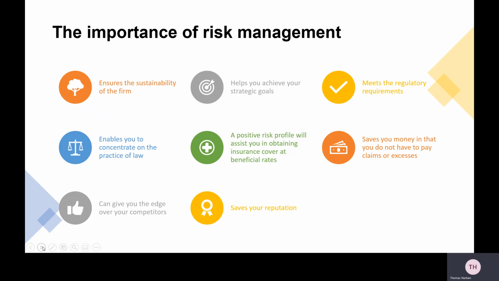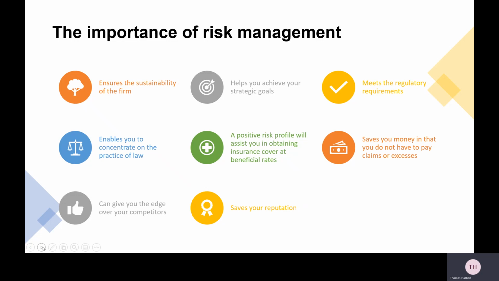And lastly, risk management will save your reputation. As we go through this presentation, you'll see from the cases that there are a number of law firms that are mentioned, some of them not in a positive light, and also the same applies to a number of individual practitioners who are mentioned in the judgments. In this very connected world, one of the things clients may do when they're looking for a legal representative is to do Google searches.